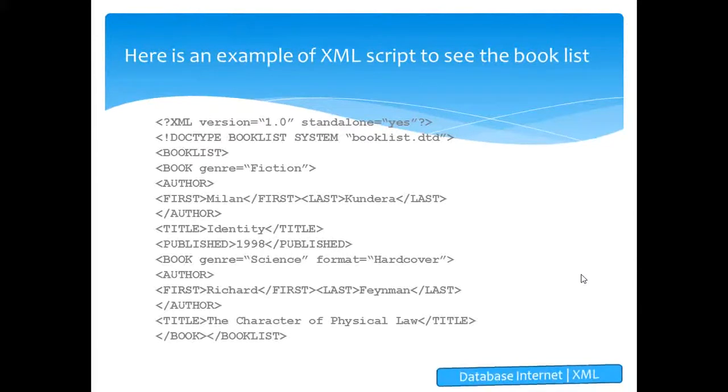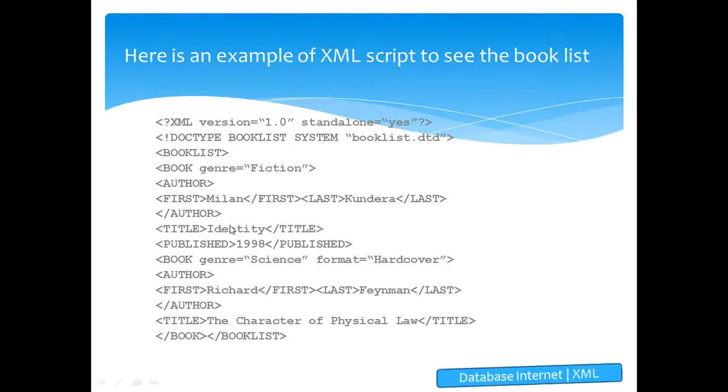Here is an example of an XML script. You see the book list. Before we look at the script, XML will be quite different. We have to declare the version of XML and then the type, and here is the start of the book list, whose genre is fiction, with author.